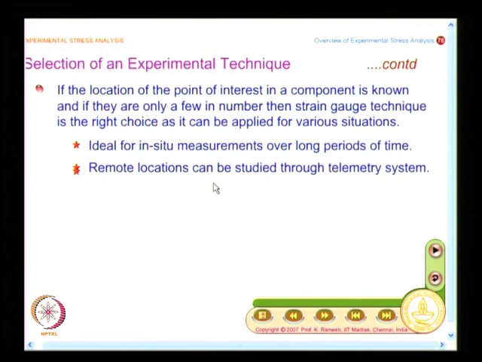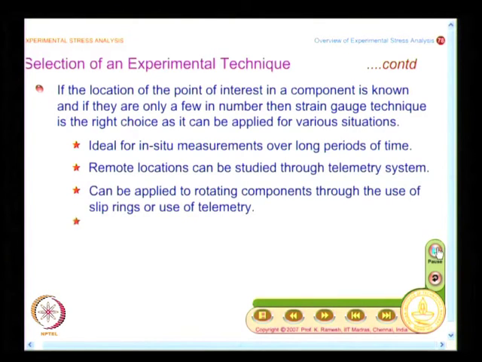Suppose I want to find out what happens on the top of a TV tower, because you have wind loads and you want your tower to be safe and you want some measurements there, I can have telemetry to do this. And you always want to study rotating components.